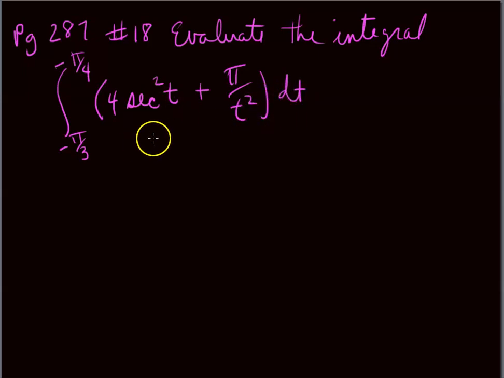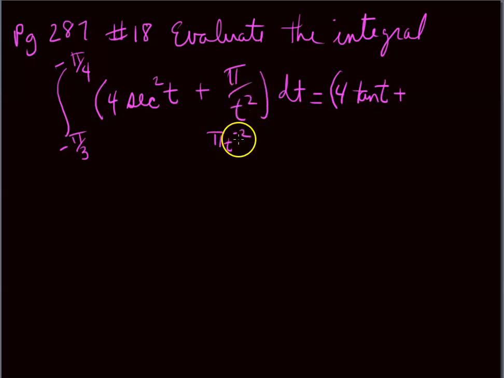Well, let's see. What did you take the derivative of to get secant squared? Tangent. So this is going to be 4 tangent t plus, put this in parentheses, this is really pi t to the negative 2.